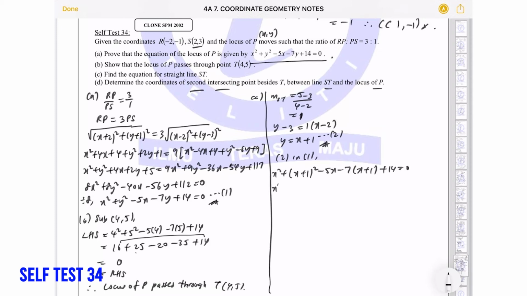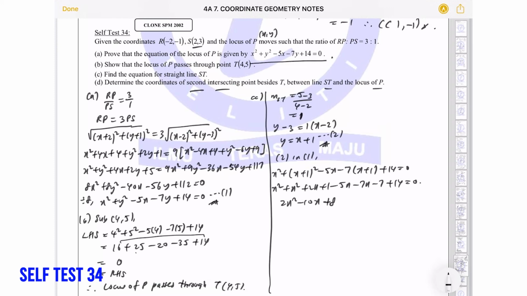We just have to expand and simplify this. This is x squared plus 2x plus 1, minus 5x, minus 7x minus 7, plus 14 equals 0. As I add up, this will be 2x squared, 2 minus 5 minus 7 is minus 10x, and then 1 minus 7 plus 14, which is just plus 8.